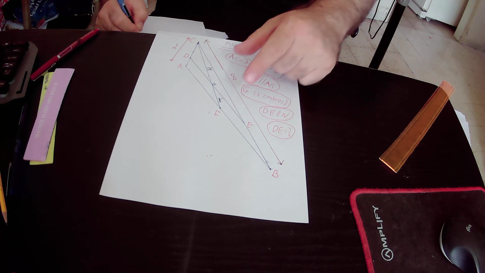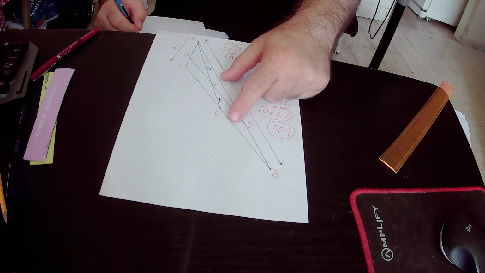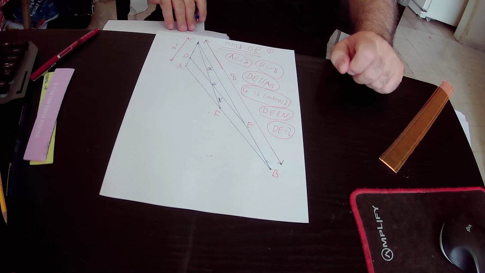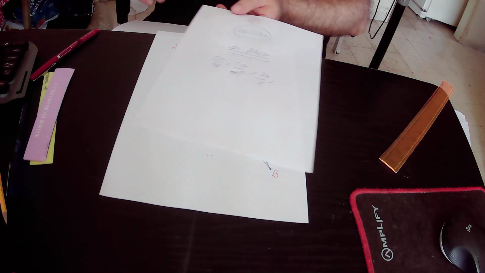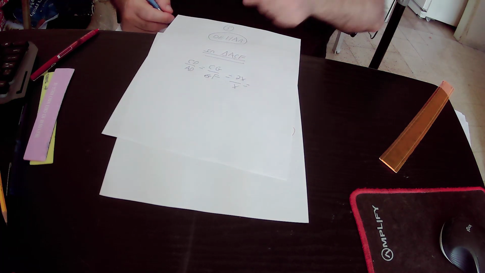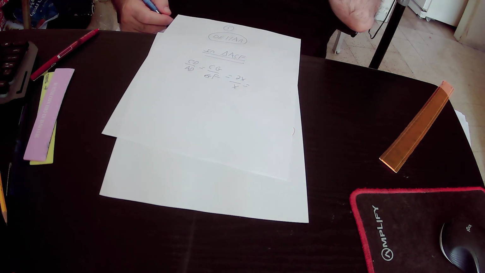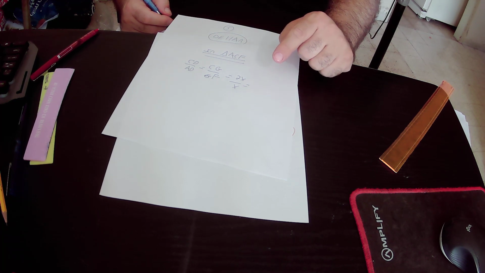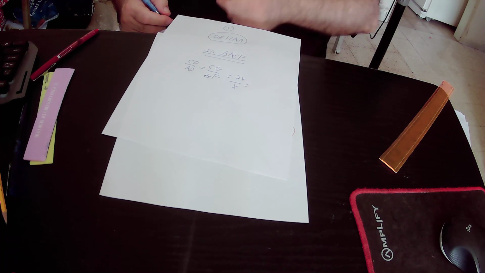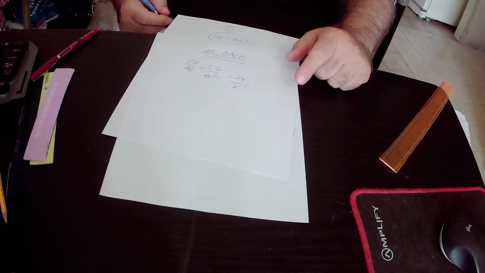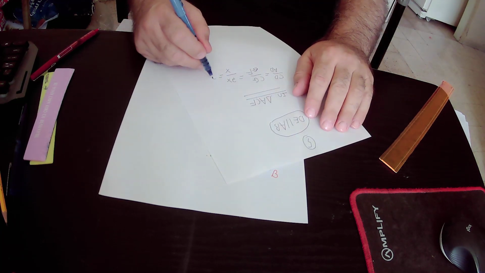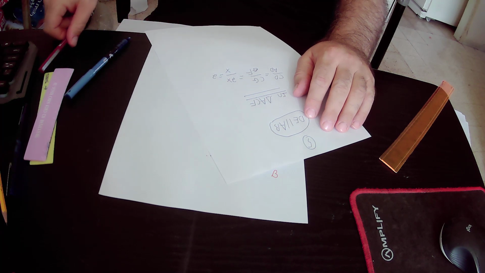And what is the value of GF? GF equals x. So in total we get that CD over AD equals 2x over x. X over x is 1, so in total we get that CD over AD equals 2, because x gets cancelled.